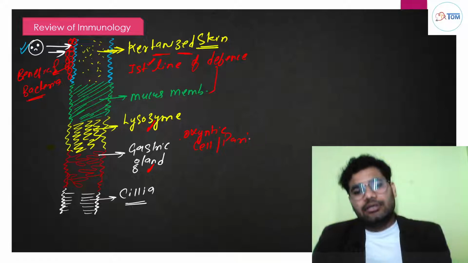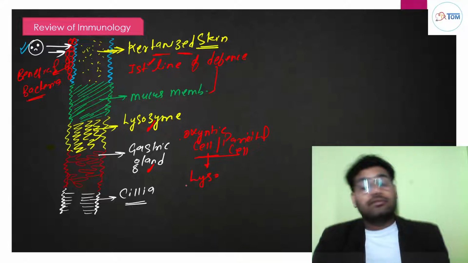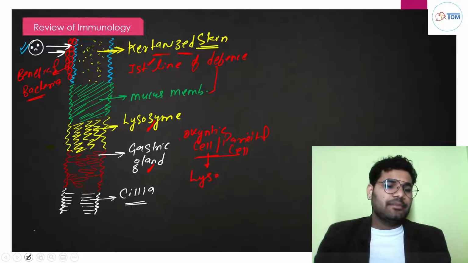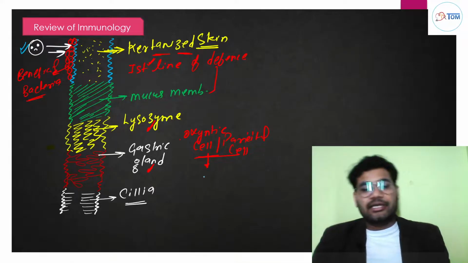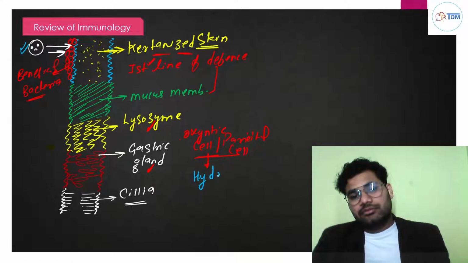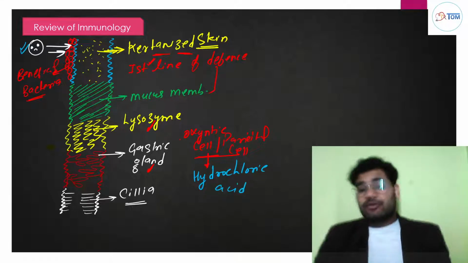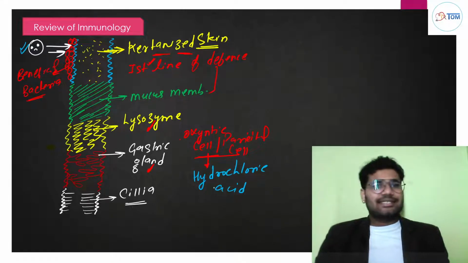This parietal cell secretes HCl, hydrochloric acid. So this hydrochloric acid is coming from the oxyntic cell, right?